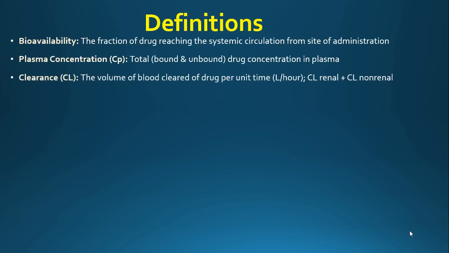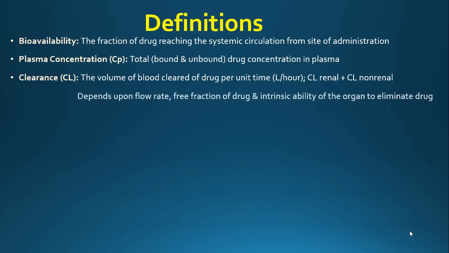Clearance, like creatinine clearance, is not the drug, it is the volume of blood which is cleared of this particular antibiotic or drug. The total clearance is renal clearance plus non-renal or other. And clearance depends upon the flow rate through whichever organ is clearing it.